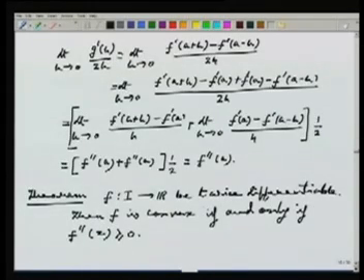Well, right now we are in a position to prove only one part of the theorem. For the other part, we will need something called Taylor's theorem, which we are going to do next. But let's prove only one part of this theorem and then apply it to draw some curves of functions.